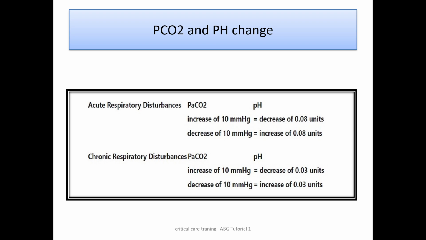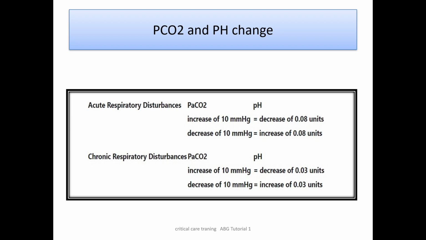Now going further with ventilation or PCO2. As we have already discussed, in acute respiratory conditions the renal system is not immediately compensated. So there will be a greater change in the pH, because the kidney has not compensated. For an increase of 10 millimeter of carbon dioxide, there will be a decrease in the pH of 0.08 in acute conditions, but in chronic conditions it will be 0.03 units.